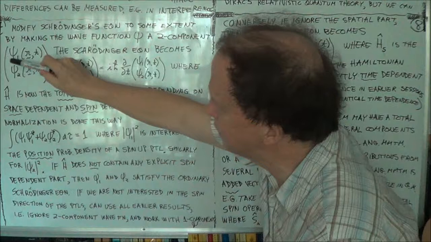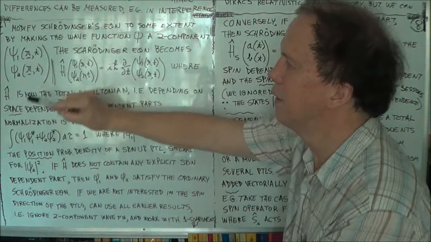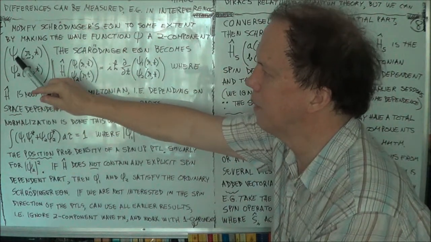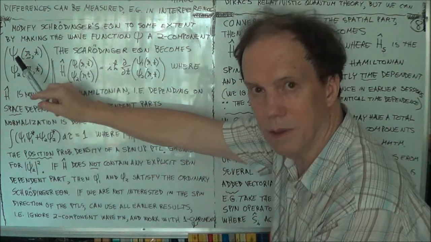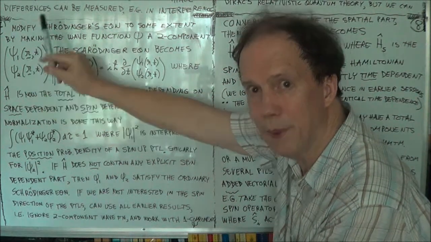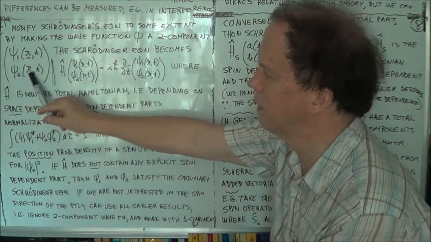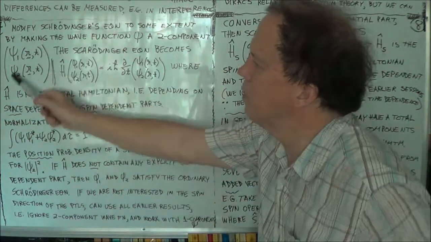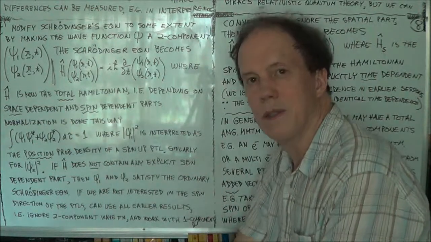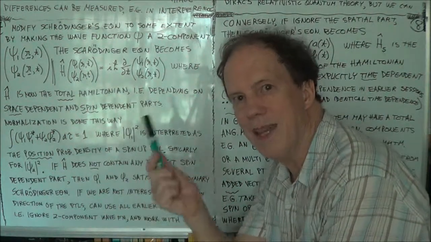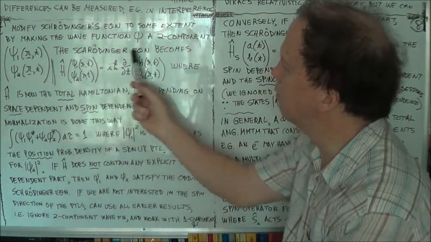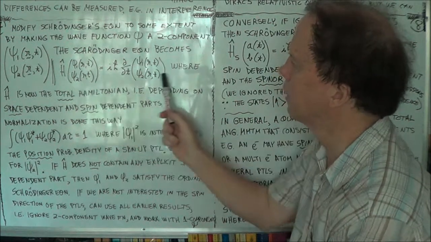So this component is the wave function relevant to the spin up and the position, and this one would be correspondingly for the spin down and the position. If that's your new wave function relevant to both position and spin, then presumably the Schrödinger equation would look something like this.